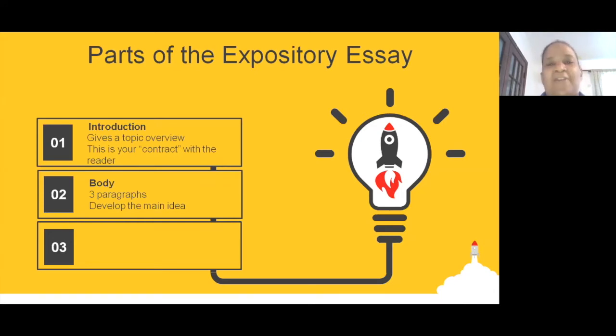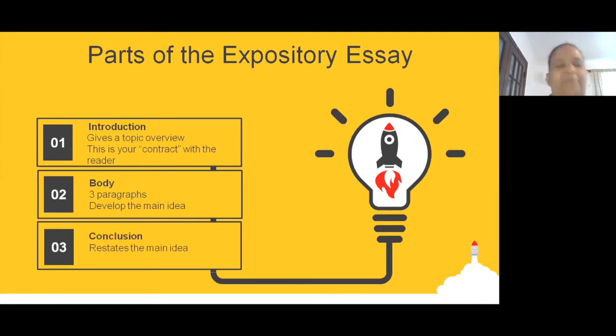So 3 body paragraphs, because you focus on 3 points. You only have 1 hour and 10 minutes to finish this essay. Get in, do your best, get out, get your A. Okay? So 3 body paragraphs, and they develop this introduction. They develop the main idea. This is your meat, where you explain everything that you introduced us to in the beginning.